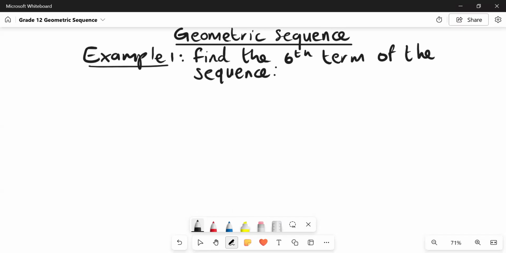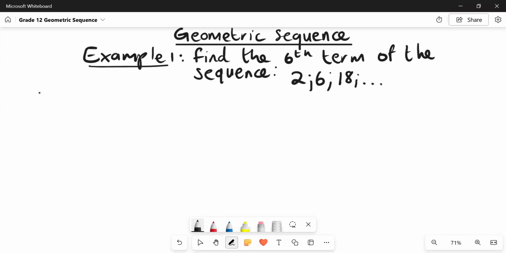The sequence we have is 2, 6, and 18. I know some of you are shocked that I'm using this beautiful handwriting. I've been practicing, guys, on how to write. So, example one, find the sixth term of the sequence, and we are given the sequence 2, 6, and 18, right?